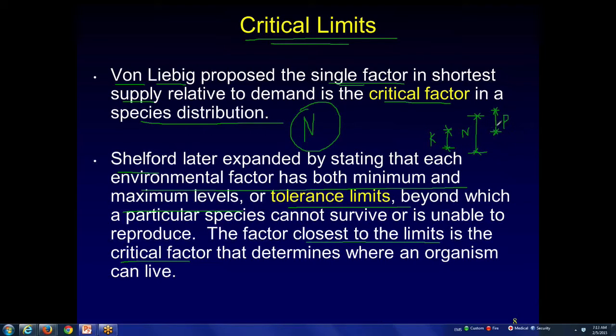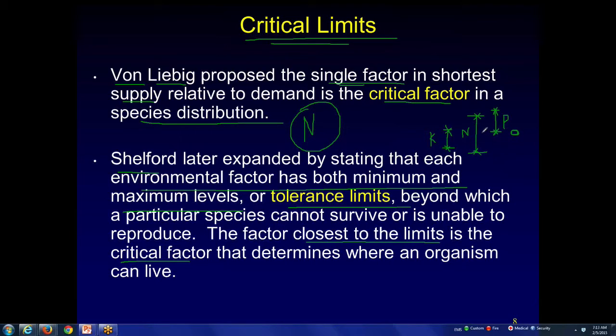And let's say in your environment, now I'm going to start giving you actual levels of phosphorus, nitrogen, and potassium. Let's say the actual level of phosphorus is right here. So that's the actual level of phosphorus in the environment.